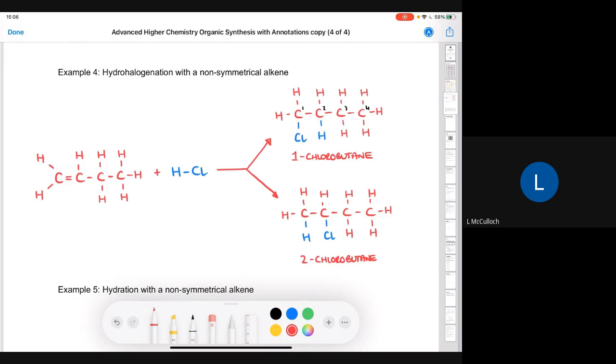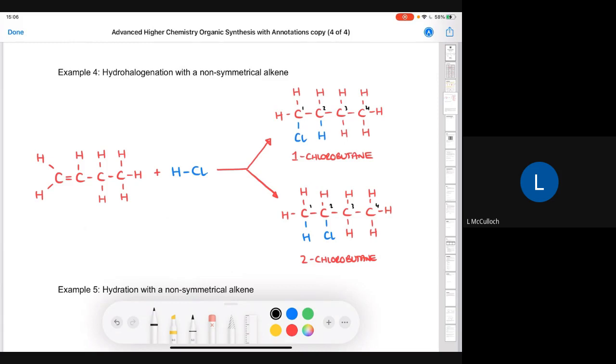All right, now, the kind of interesting and maybe even somewhat unusual situation that we've got here is that you would probably expect that if we were to carry this reaction out in a lab, there would be a 50-50 chance of the chlorine going on the first carbon as to it going on the second carbon.